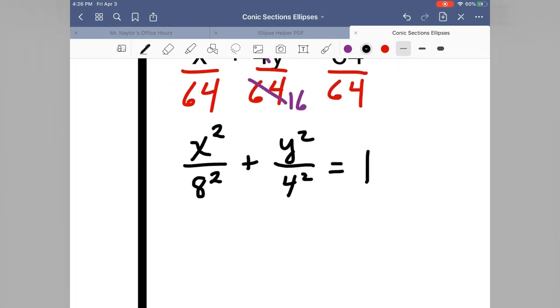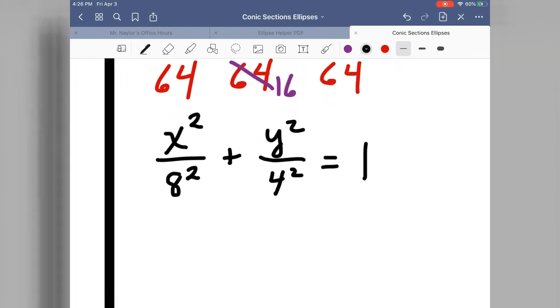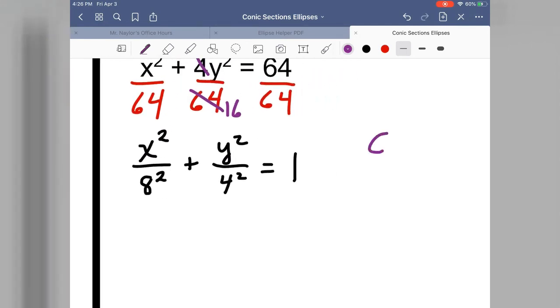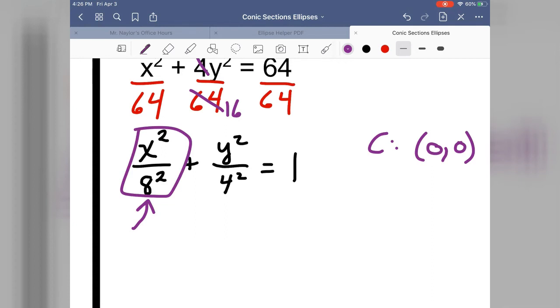Now, all kinds of things you can figure out from this equation. People do this in different orders, but maybe you notice that since there's no h and k value, your center would be at 0, 0. That's a fine thing to notice. I would like you to notice that the larger value is with x. Now, since the larger value is with x, it's going to end up having a horizontal major axis.